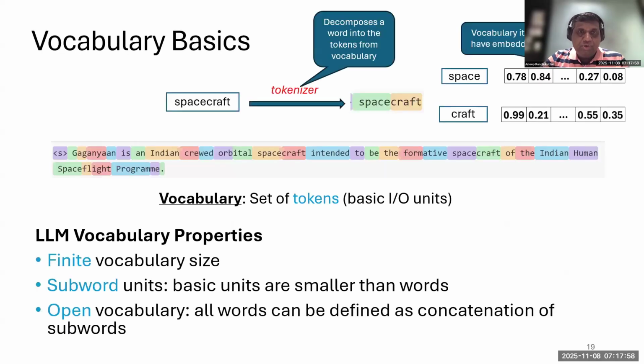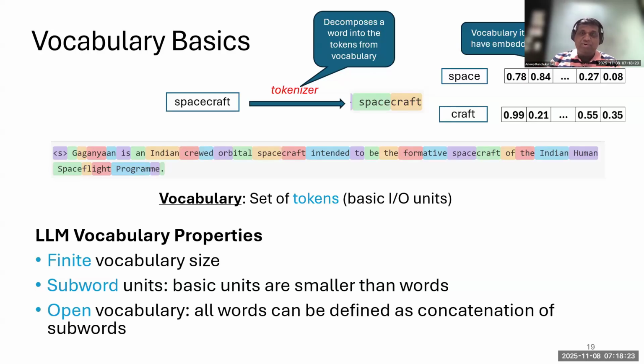Just to get some basic terminology, LLMs work with a finite set of basic input-output units. This is a set of tokens, and that constitutes the vocabulary of the LLM. Now the LLM has a tokenizer.